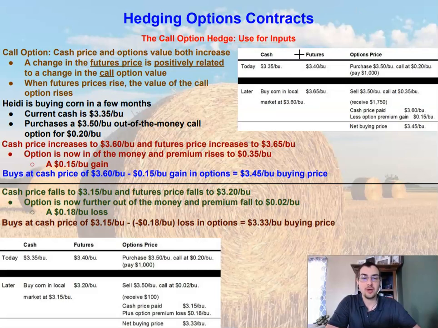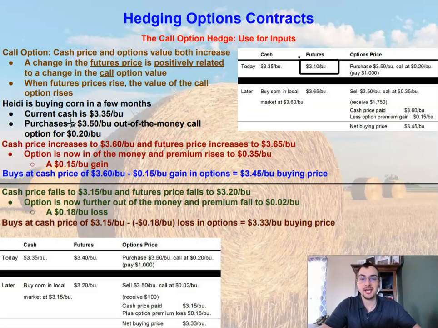Like in the last example, our current futures price is right here at $3.40. So she purchases a call option with a strike price of $3.50. She is out of the money. Well, why is that the case? Remember that a call option gives you the right but not the obligation to buy.